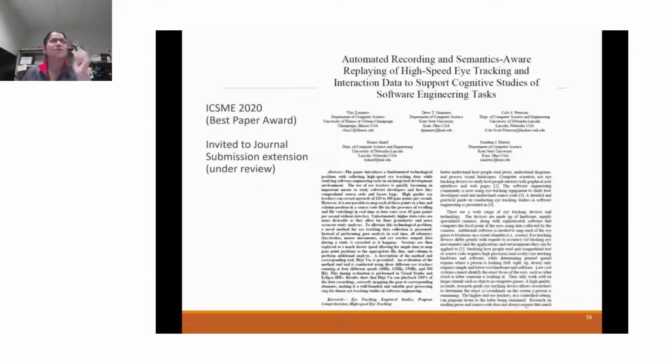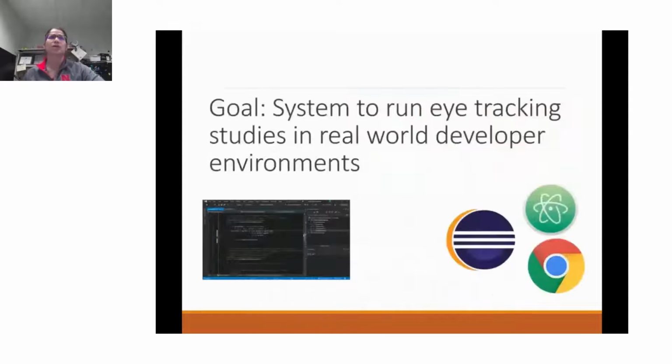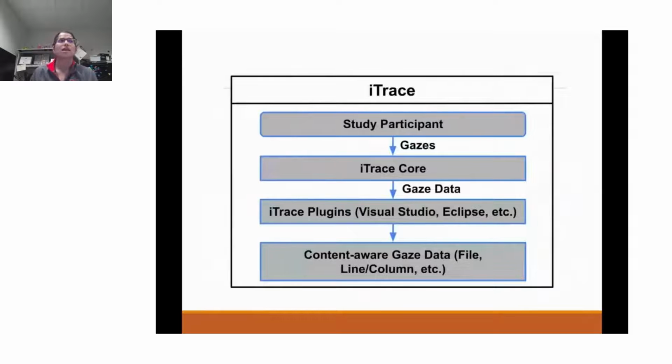We published this, we actually got a Best Paper Award for this, and this paper is currently under review at a journal. So let me explain what this is and what the problem was. Our goal was to run eye tracking studies in real world setups, right? So as a study participant, you come in, and this is a client server architecture.